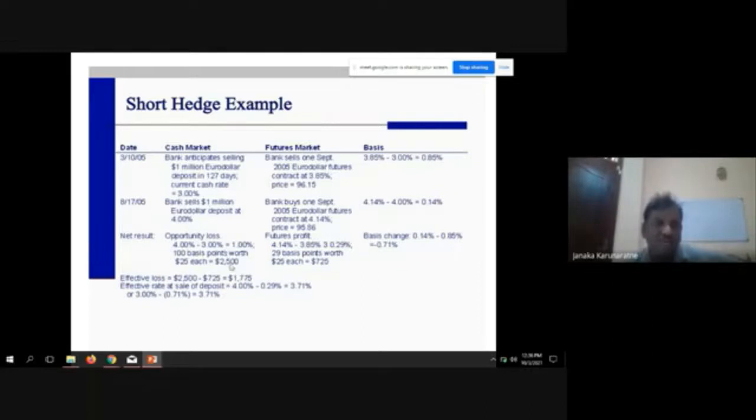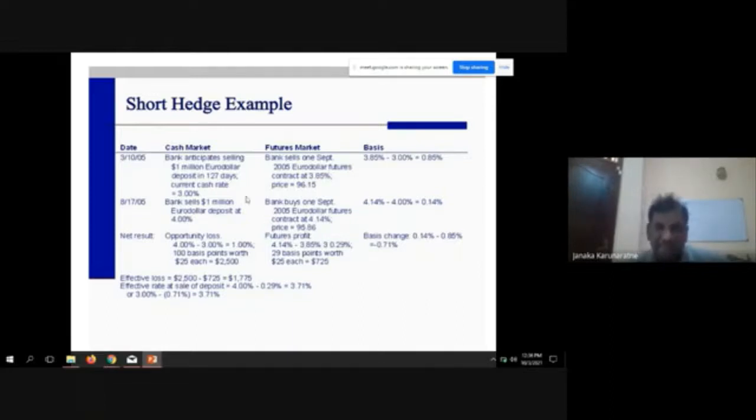So now we want to minimize this rising interest rate risk when I want to raise deposits. In March, I expect interest rates to rise, so the futures price will drop. I will sell a futures contract. The closest to August is September, currently trading at 3.85.